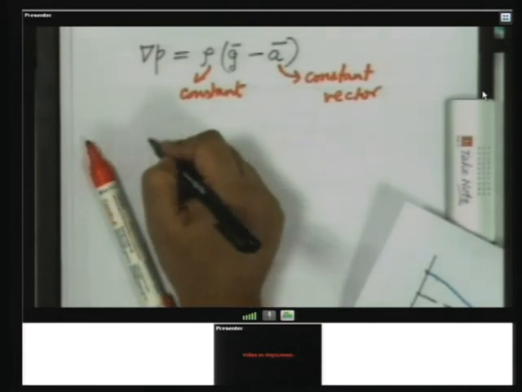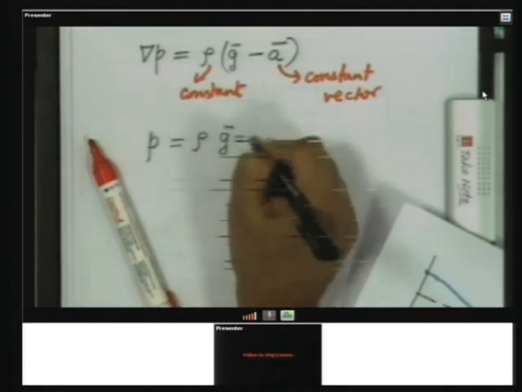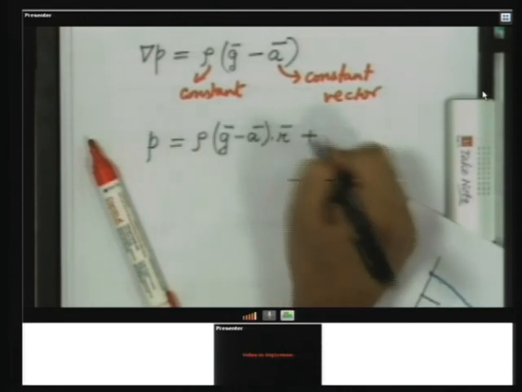So, here your pressure distribution will be rho times G minus A dot R plus a constant.